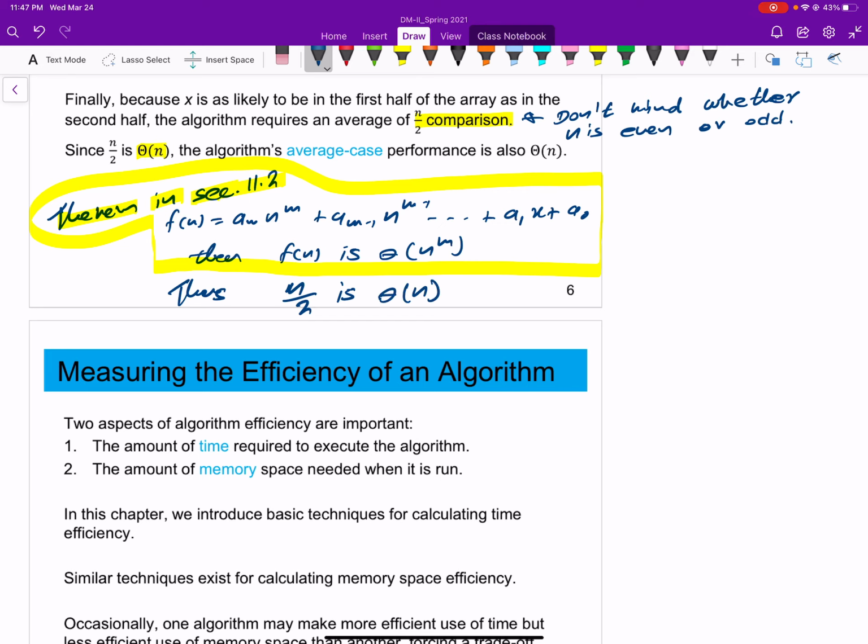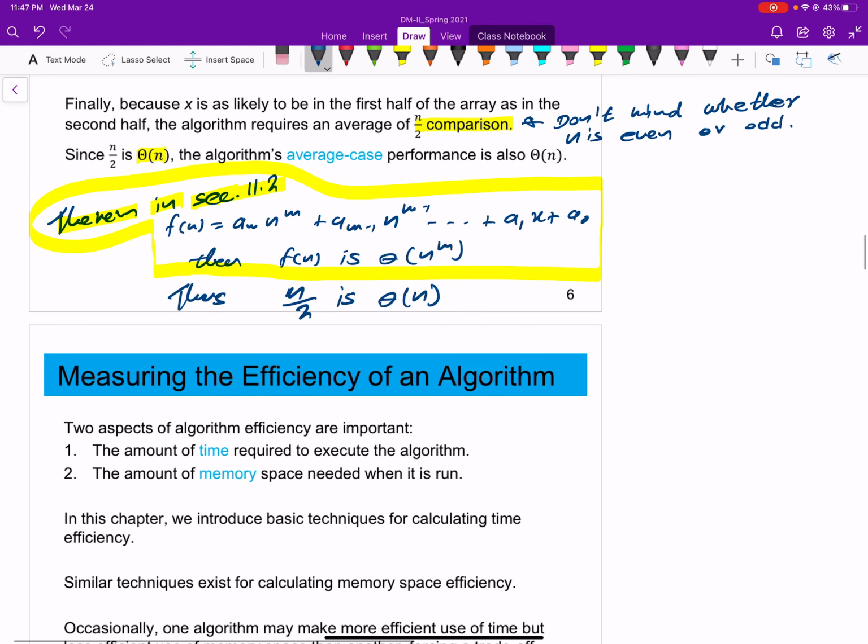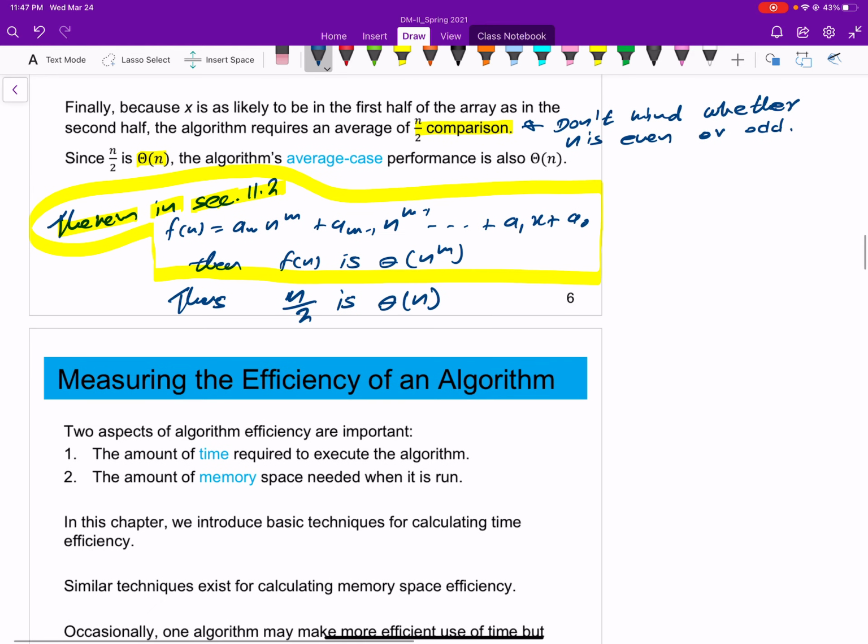That's because of the theorem. All right, that's the average case order.